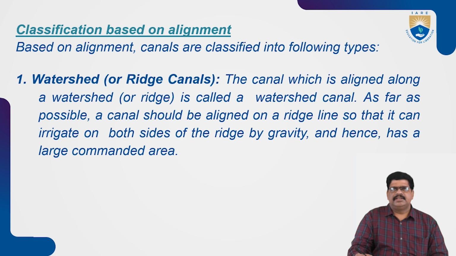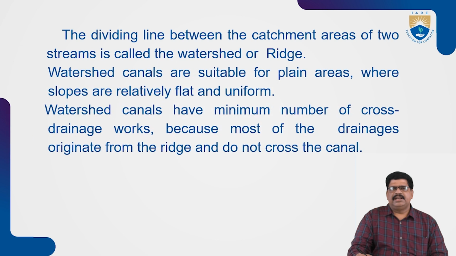It is provided in the longest area along the watershed, which divides the catchment areas of the two sides into streams. Watershed canals are suitable for flat areas, where the slopes are relatively flat and uniform.